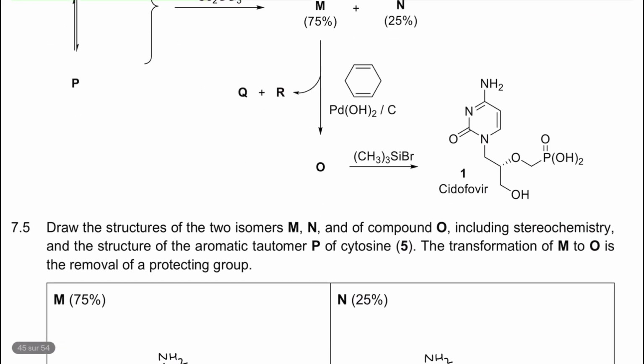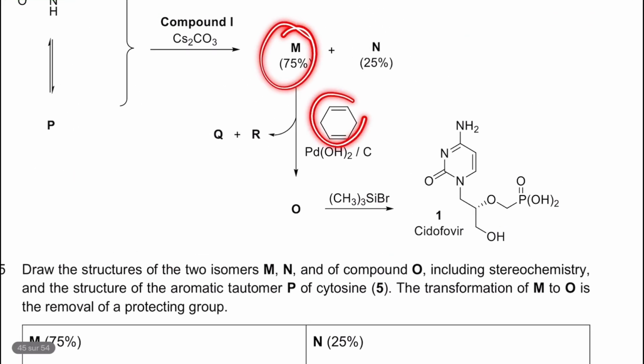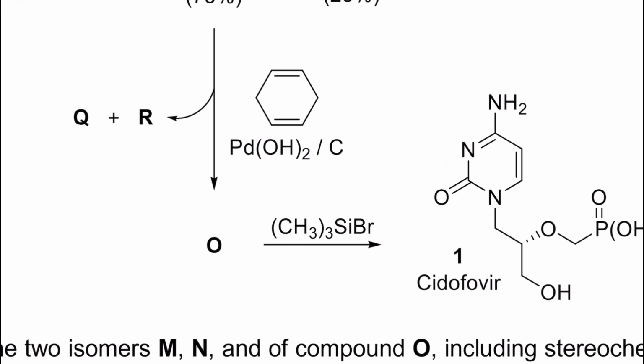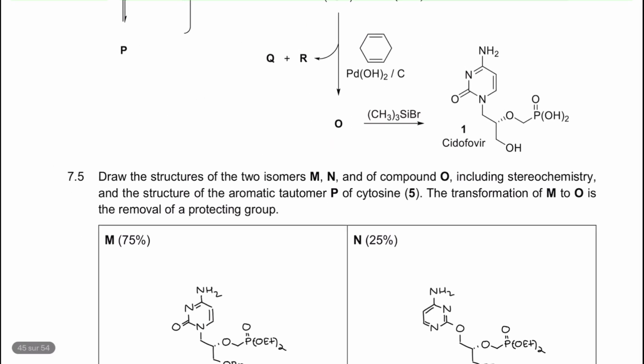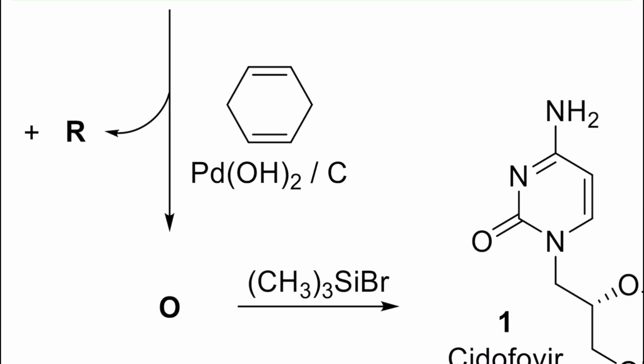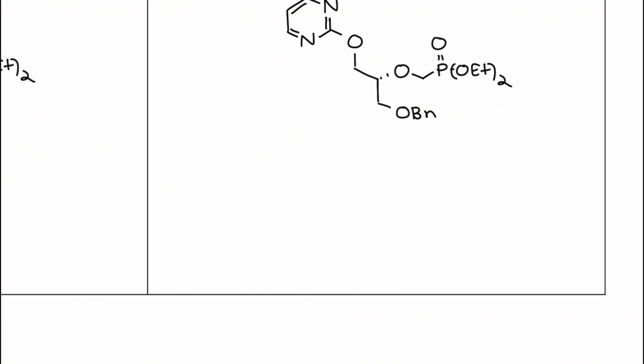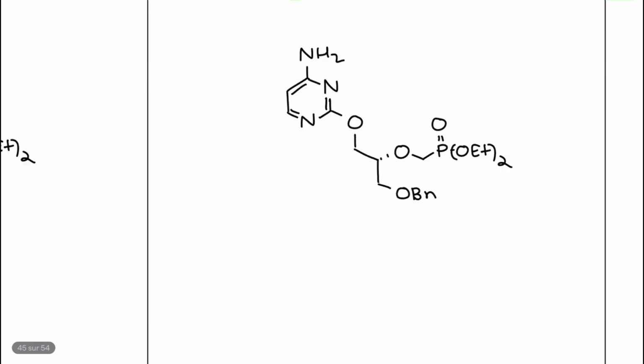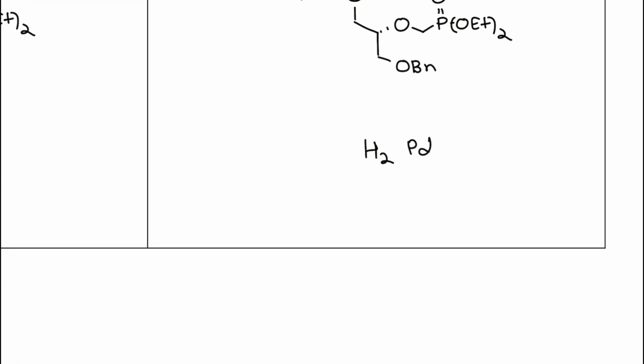Treatment of M with cyclohexa-1,4-diene and palladium on carbon, and it tells us that this is a removal of a protecting group. What's clever here is that normally when you remove a benzyl group, you would use H2 and Pd on C, right?